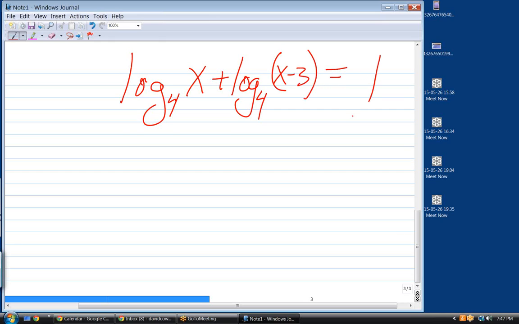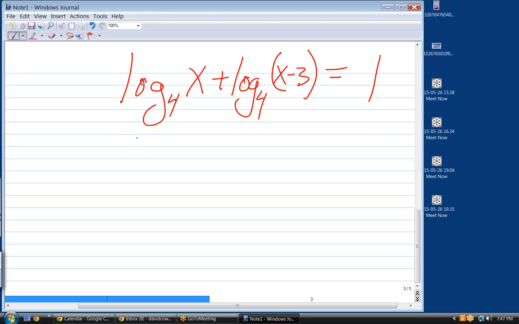Okay. What are we going to do with these two logs? If I can turn this into a single log function, then I can apply the conversion to get it into exponential format and then solve it. How do I take these two logs and turn them into one log?